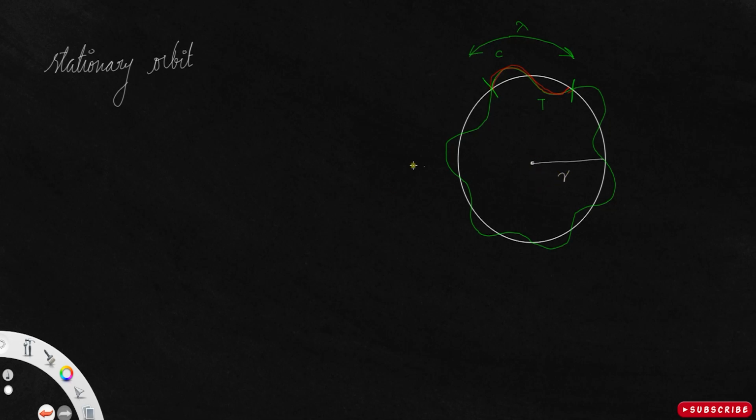What that actually means is the perimeter of this circular path divided by the wavelength should be a natural number, that is n. n can be 1, 2, 3, etc.